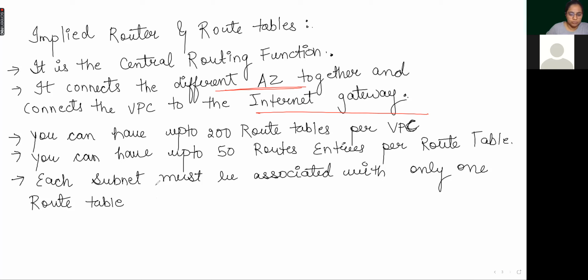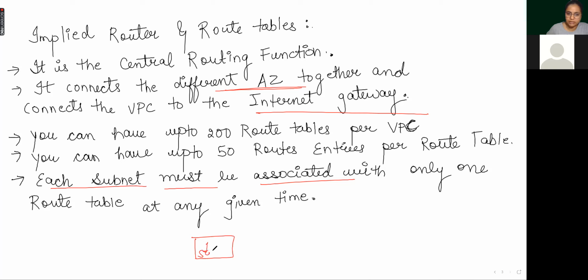So what does this mean? When we say that each subnet must be associated with only one route table, at any given period of time, at a particular time I am talking about. At different times you can have multiple connections, but when we specifically say that each subnet must be associated, we are talking about one subnet that we have created should be associated with only one routing table.